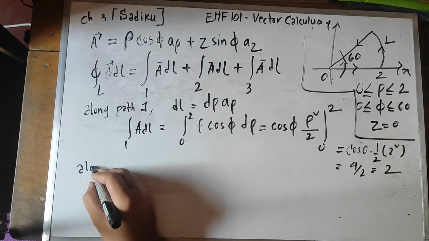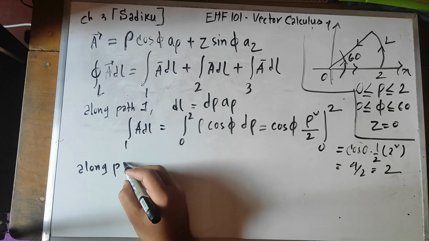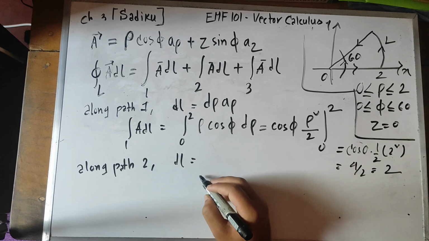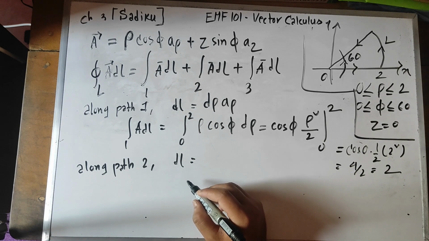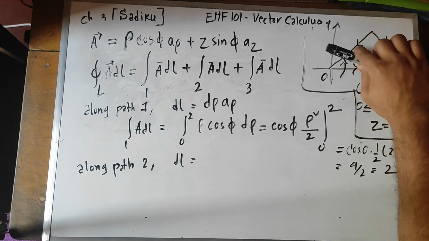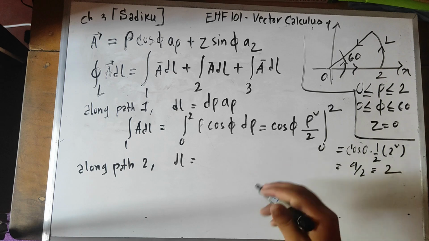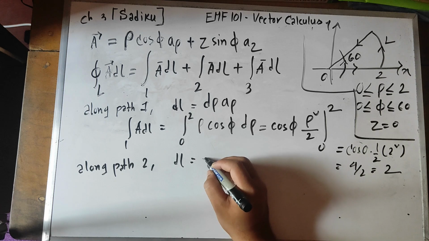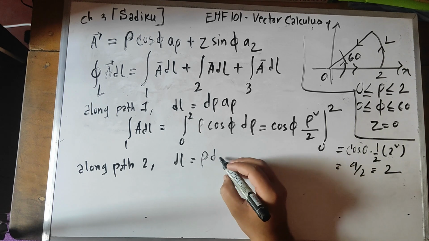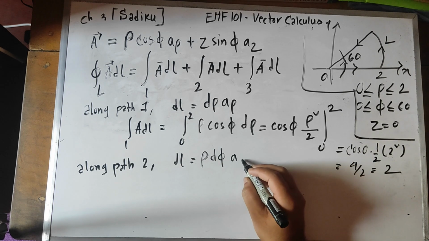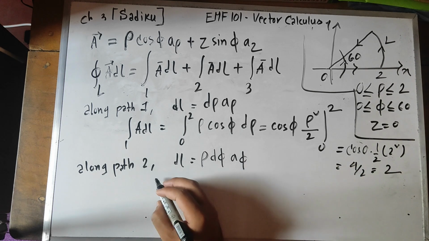Now along path 2, the differential length is, as we can see, rotating. It's an arc, so the differential length is ρ dφ in the direction aφ.